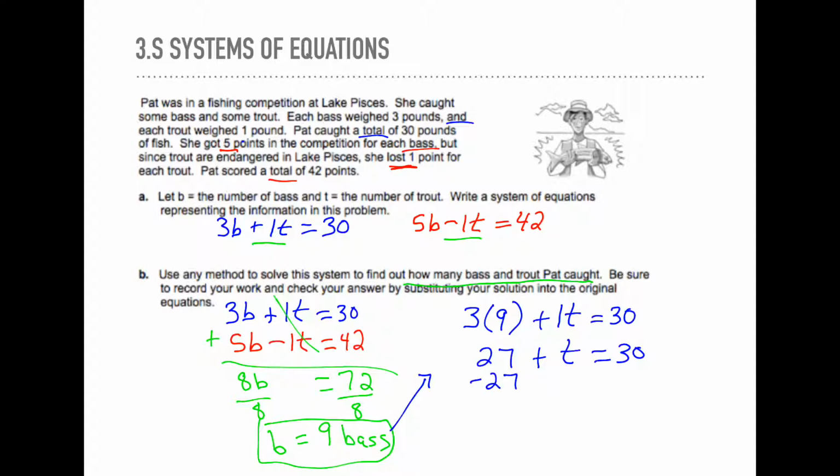Subtract 27 from both sides since it's being added to the t and it's a positive number. And then I'm going to get t is equal to 3. But remember, this is a word problem, so let's label it and say 3 trout. So I now know that Pat caught 9 bass and 3 trout.